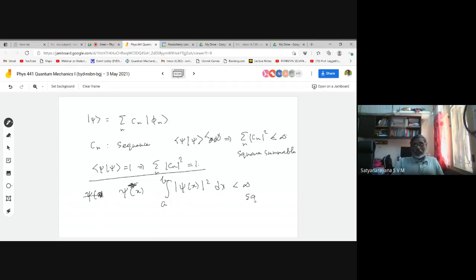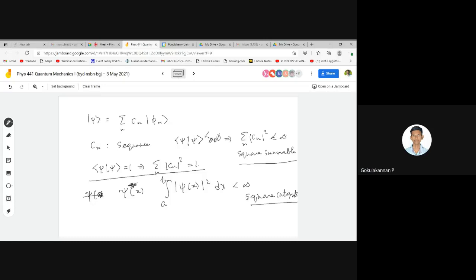So this is basically square integrable. Only then can it be normalized. If it is infinity, then you cannot normalize. Correct? So square integrability and square summability are necessary for normalization.